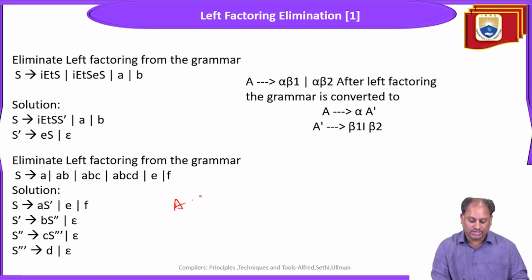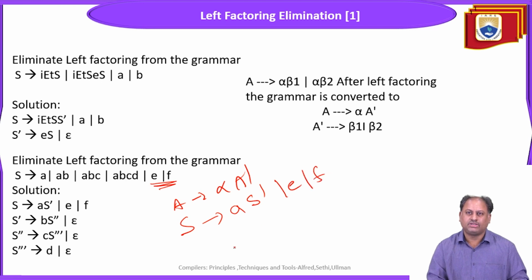A derives alpha A dash. So here A is capital S, and alpha, for first consideration, we take small a, and A dash becomes S dash. And the last two terms we can keep, that is capital E, capital F, to be added as the two rules. And the S dash is to be derived once again.